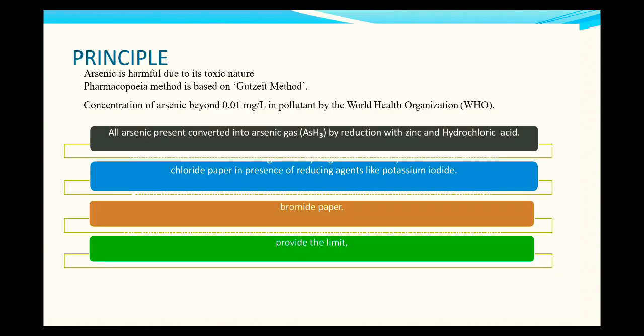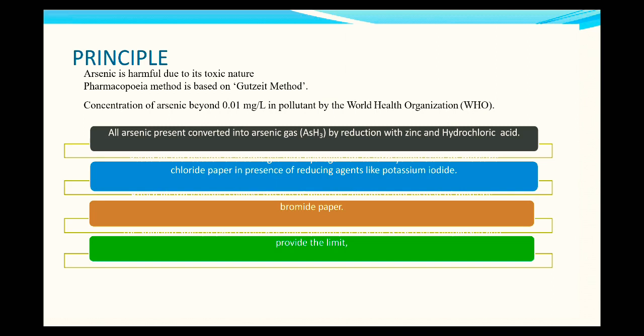Next, we'll see the principle. Arsenic is harmful due to its toxic nature, right? So there is a ban on carrying out this experiment in the lab, but it is very important from the point of view of exams. Pharmacopoeia method is based on the Gutzeit method. Concentration of arsenic beyond 0.01 milligram per liter is a pollutant, according to the World Health Organization, that is WHO.